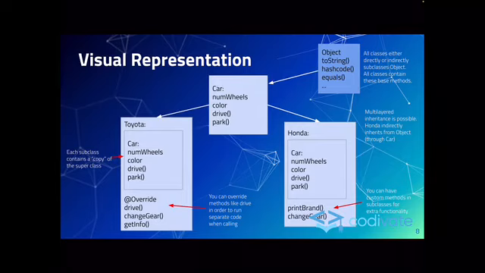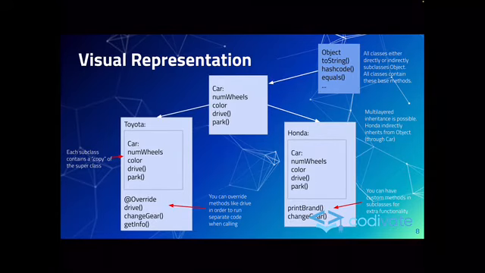Then we extend the car class to, for example, two types of cars, like a Toyota or a Honda. Notice that when we extend, we automatically bring over all of the fields and methods from those classes. So you can see in those boxes all of the stuff that was already in the car class.